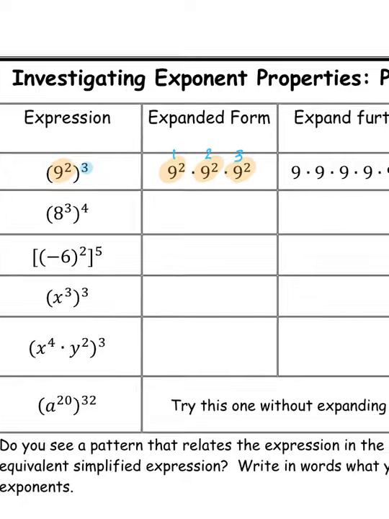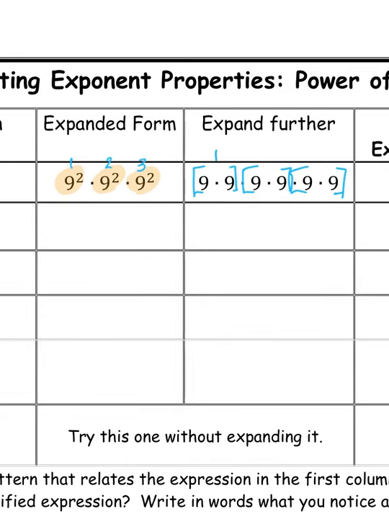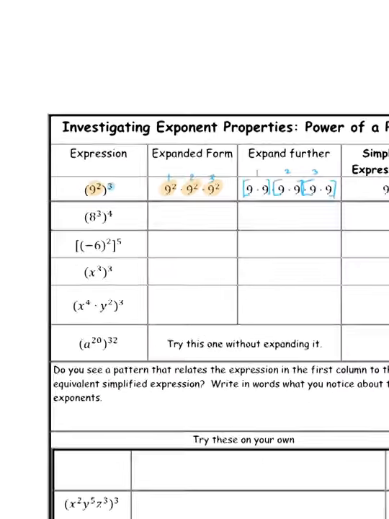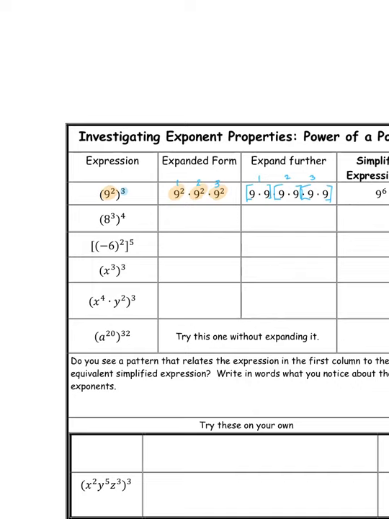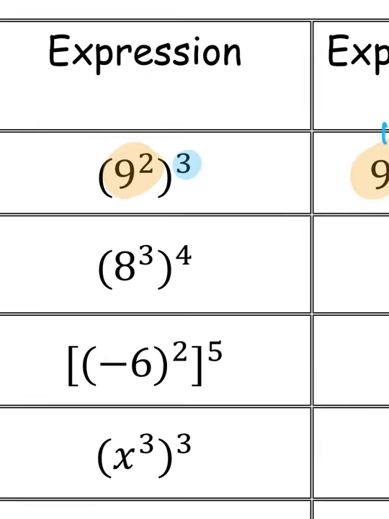So then when we expand it fully, we have 9 squared, which was 2 times 2 times 2, and we did that 3 times. 1, 2, 3. So again, I'm not going to ask you to do this all the time, but I just want to show you what this looks like. So then when we simplify that, what we're doing is we're multiplying the exponents.